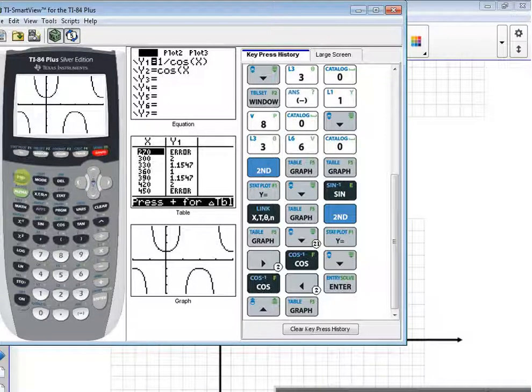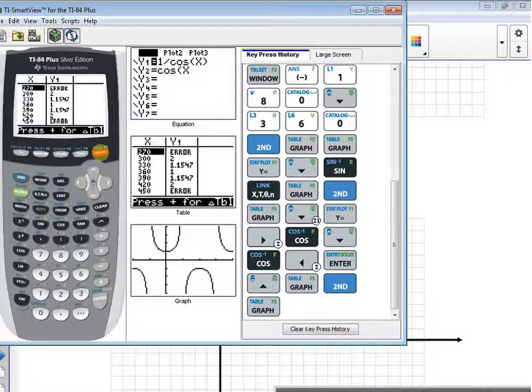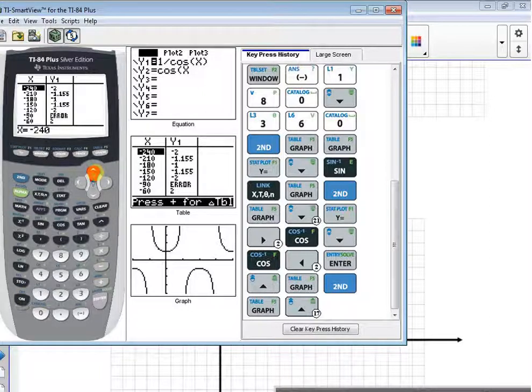So when we check out that table, there's 360. It's the same exact numbers, but notice that now the undefineds are at 270, -270. So 360, -360 is 1.